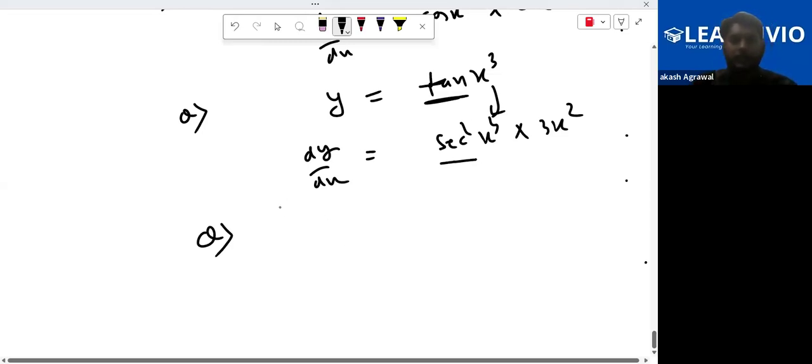Let's do a few more questions. We have y equals e to the power x to the power 4.